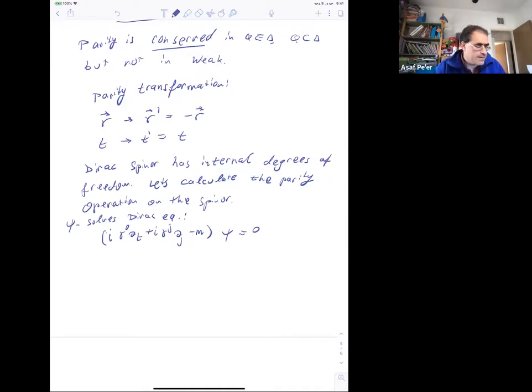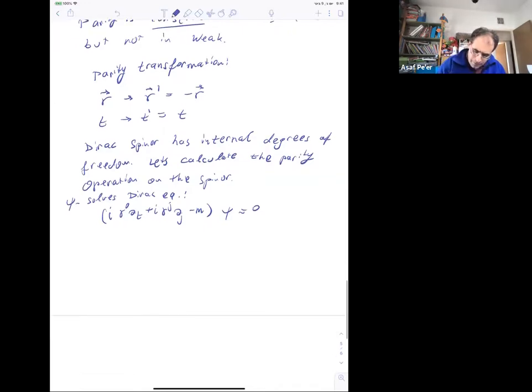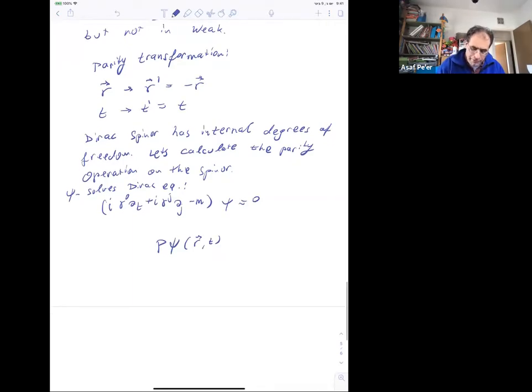Now psi of course is the wave function, which is a solution of the Dirac equation. So I'm going to act on this wave function with the parity operator. I take psi, which is a function of r and t, and I act on it with the parity operator, and I get another wave function, which I call psi_p of the new coordinates.